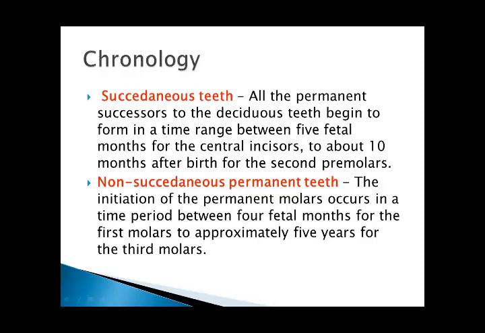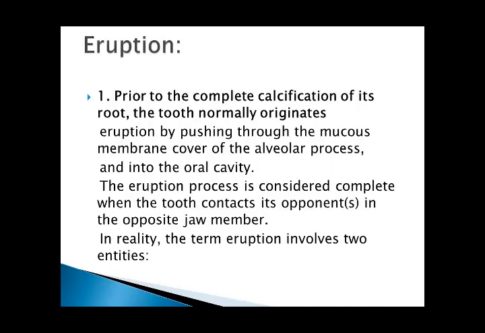The succedaneous permanent teeth begin to form in a time range between 5 fetal months for the central incisors to about 10 months after birth for the second premolars. On the nonsuccedaneous permanent teeth, the initiation of permanent molars occurs in a time period between 4 fetal months for the first molars to approximately 5 years for the third molars.